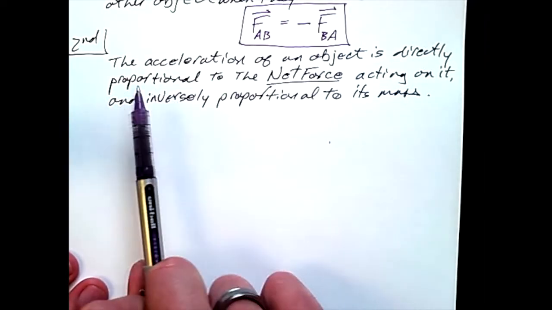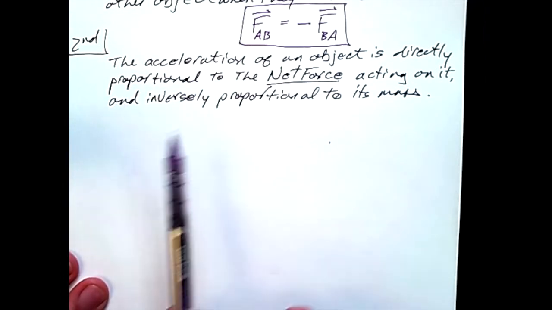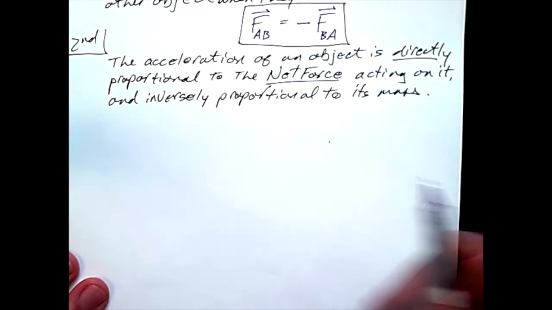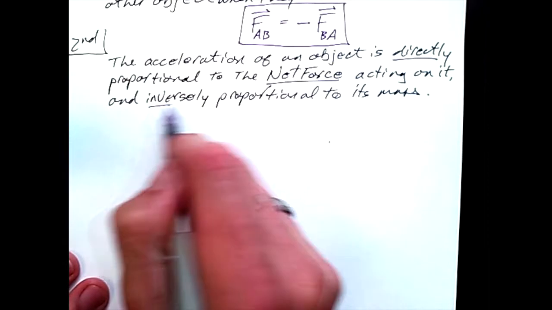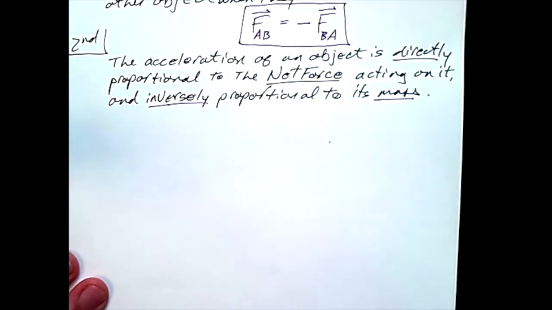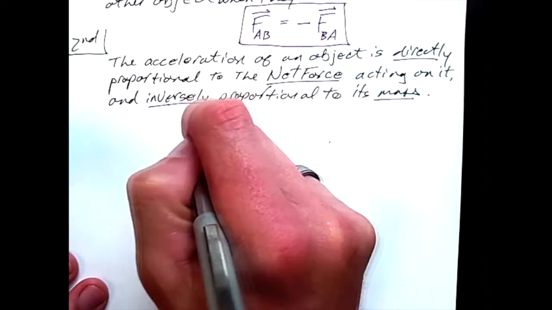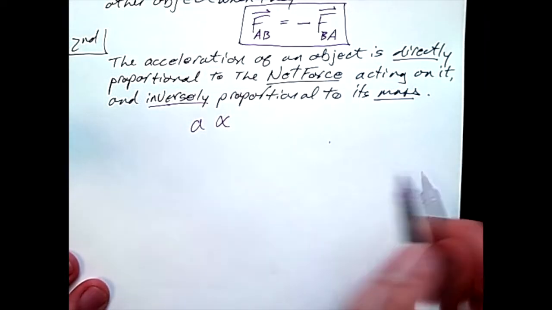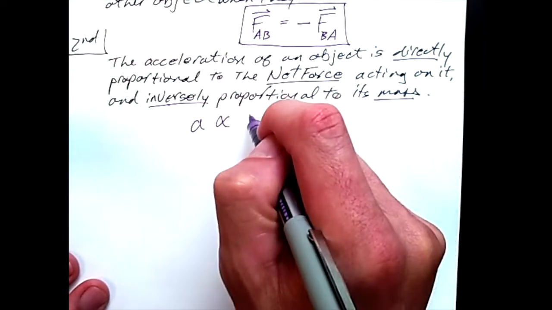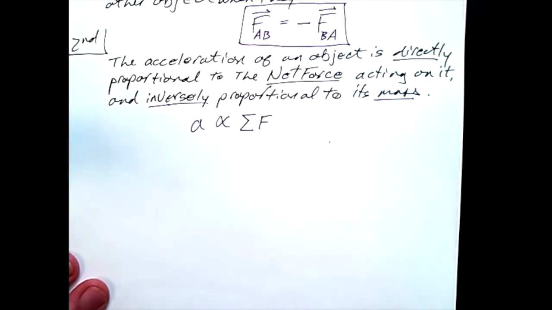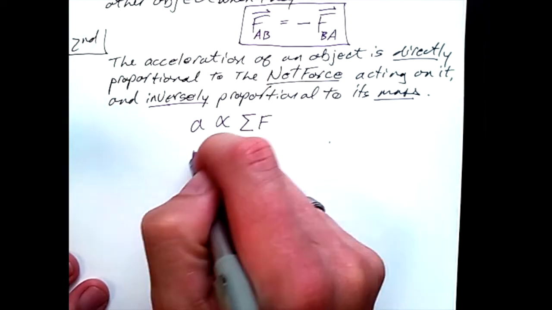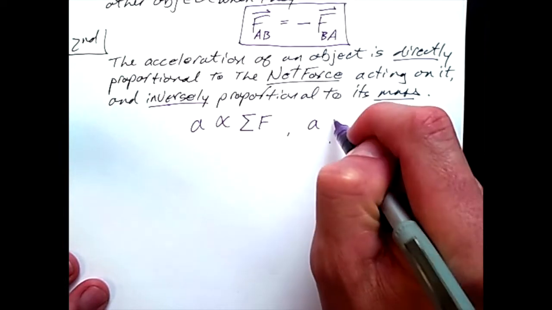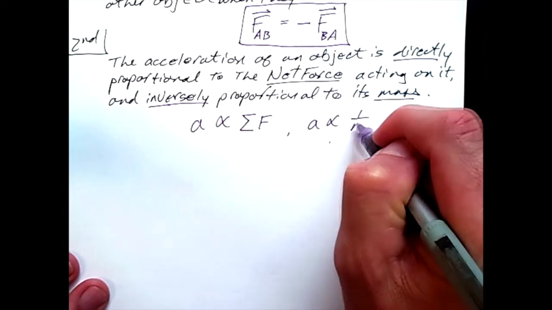And what he found is that the acceleration of the object is directly proportional to the net force and inversely proportional to its mass. Written mathematically, he started with proportionality just being a general characteristic. So using the alpha as a proportionality symbol, he described the net force as being directly proportional to a, and the acceleration as being inversely proportional to the mass.